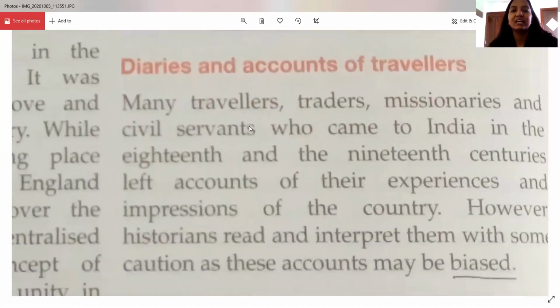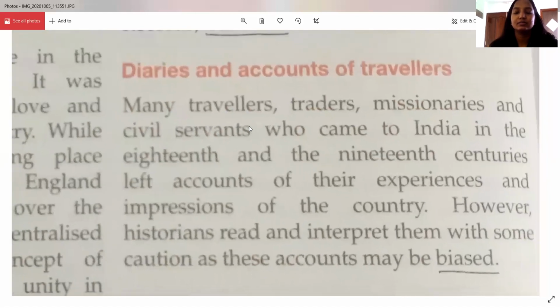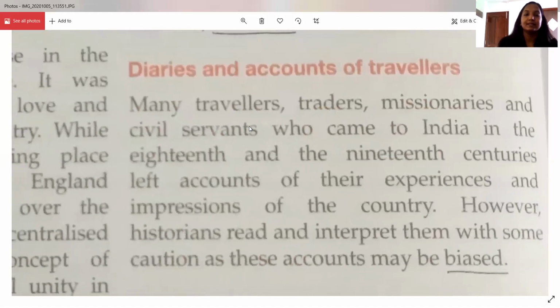Moving on to the third source of records, that is diaries and accounts of travelers. Now, what are diaries? Diaries are usually the personal diaries that were carried by travelers.